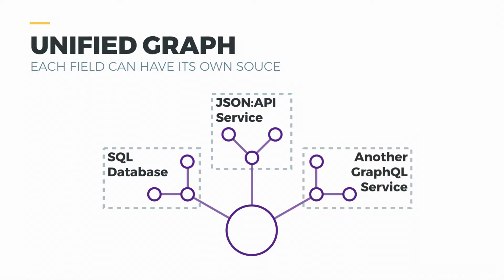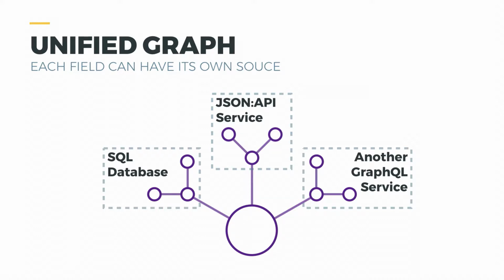And another spot in our GraphQL that actually grabs data from a completely separate GraphQL service. And it all becomes a unified graph that we're using for our application. This is the thing that makes GraphQL so much different from a regular endpoint.